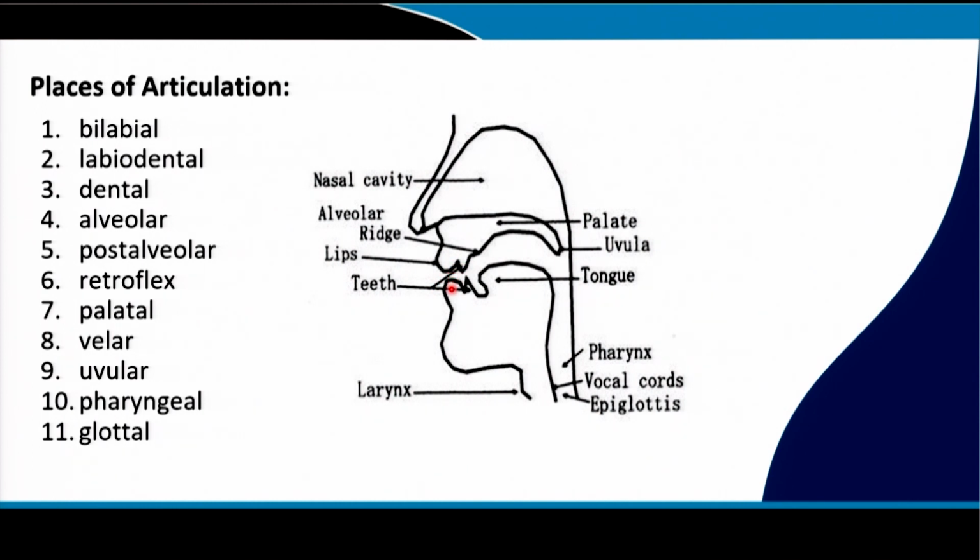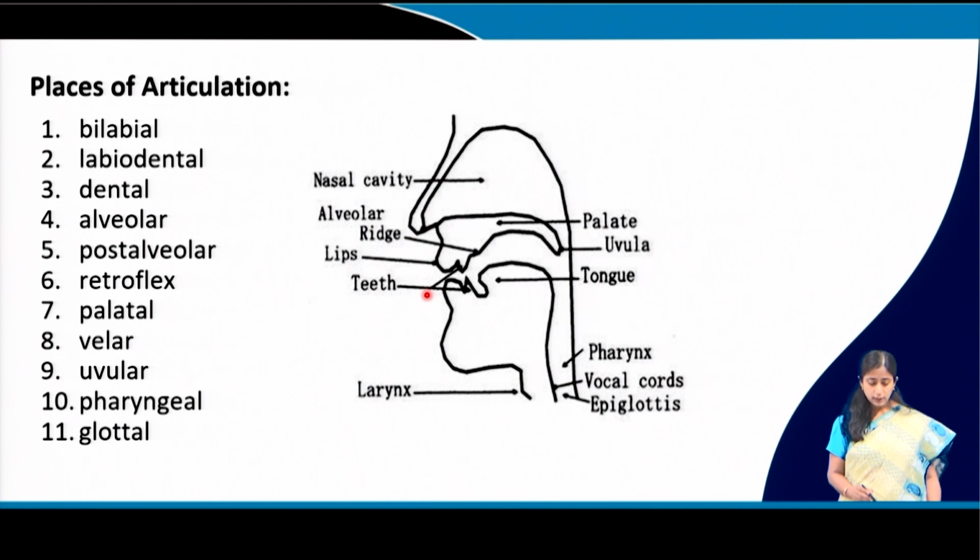Then, as the name suggests, labiodental: the lip and the teeth are used to produce sounds like f, where the lip is hitting the teeth and blocking the air there before releasing it. Then there are sounds which are called dental. The tongue hits the teeth, and when the tongue hits the teeth, it blocks the air and then it is released. Those sounds are dental sounds like th, th.